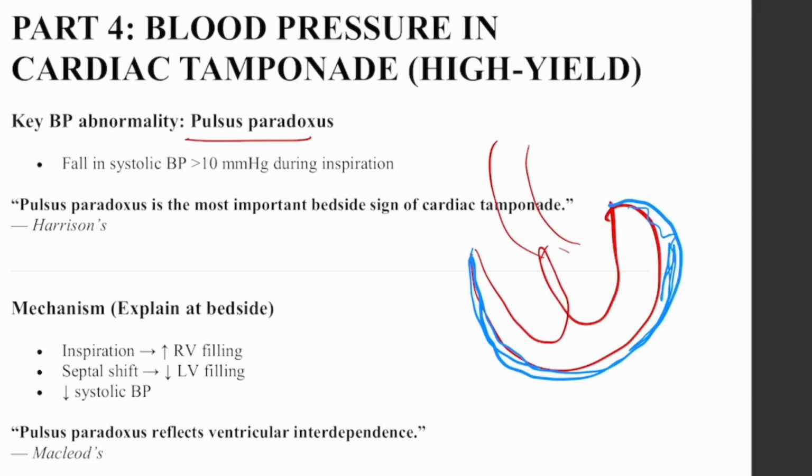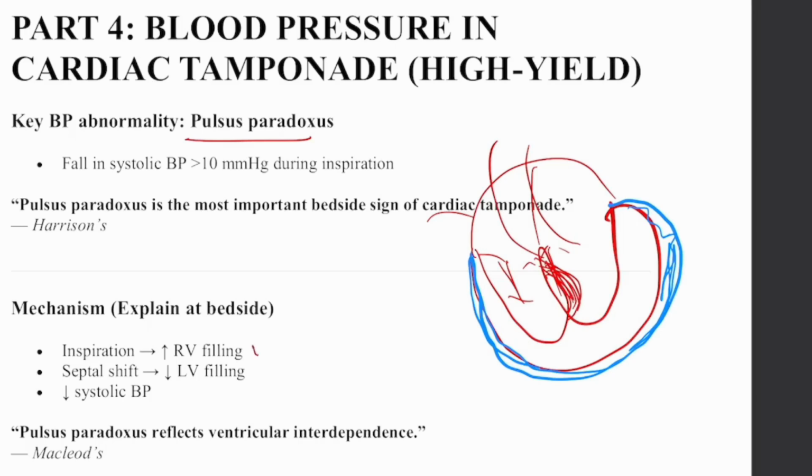Let us look at the mechanism. During inspiration, blood comes to the right side of the heart, so the right ventricular filling pressure increases. This produces a shifting of the septum to the left ventricular side. Did you understand?